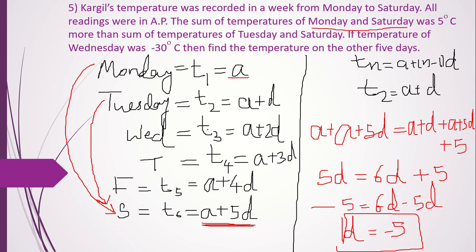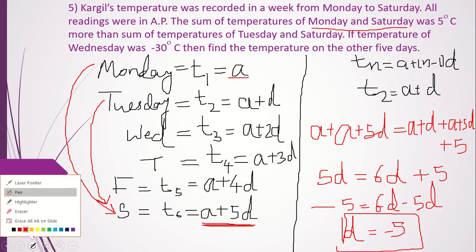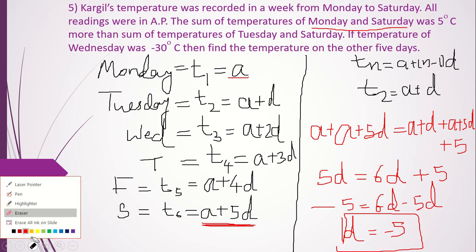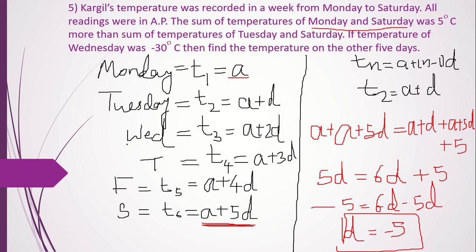Okay, and one more thing is given to me in the question. That is Wednesday's temperature, which was minus 30. So A plus 2d is minus 30. And I've already got d.